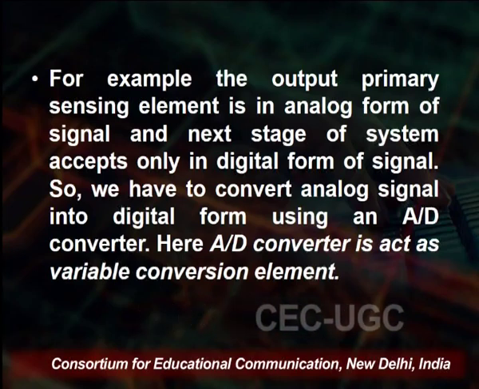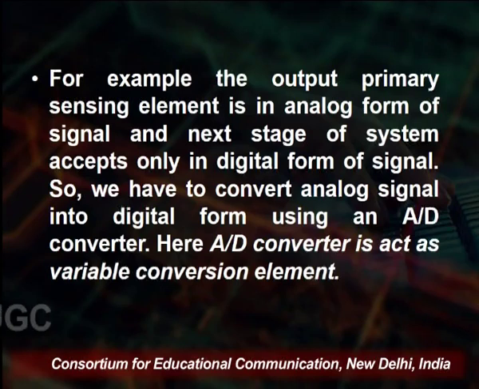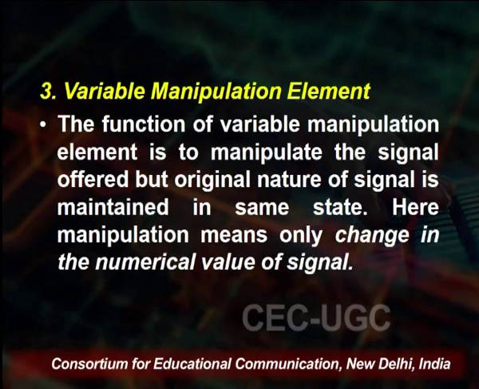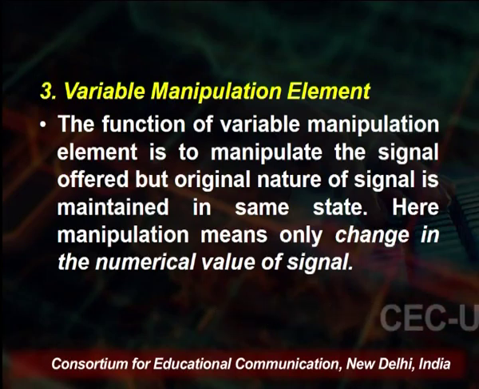So the next step after sensing, we use the variable conversion element that will convert DC current to AC current or AC current to DC current, accordingly. Next is the variable manipulation element. The third phase is the variable manipulation element.